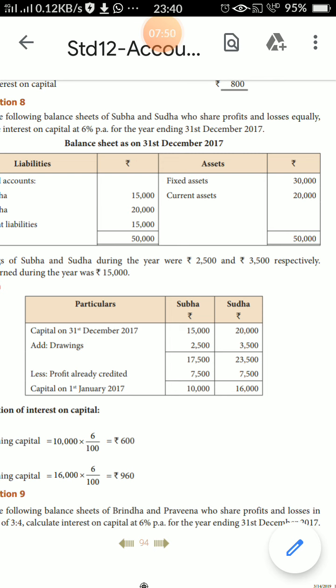Next, Sudha's opening capital is 16,000 rupees. 16,000 into 6 by 100: cancel the zeros, giving 160 into 6, which is 960. This is the interest on opening capital for Sudha. Listen, students, this is very easy.